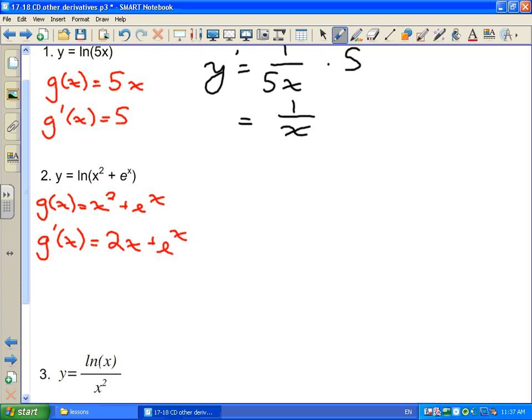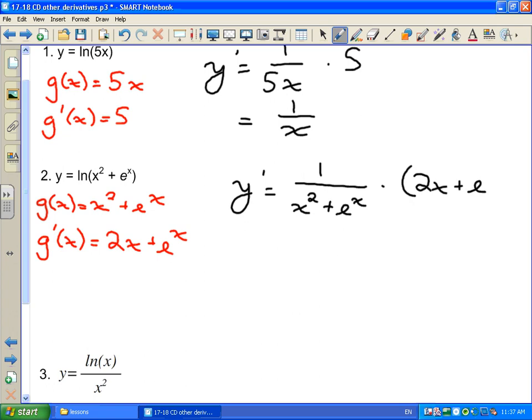All right, now let's put this into our logarithm derivative rule here. So y primed is going to be, again, 1 over that inner function. So the inner function was x squared plus e to the x, so I'll put that down on the bottom. And then I multiply by that derivative, which is 2x plus e to the x.